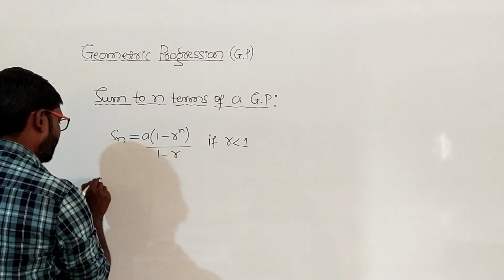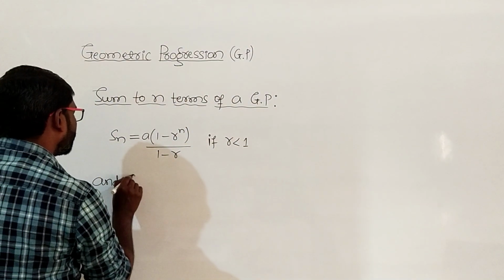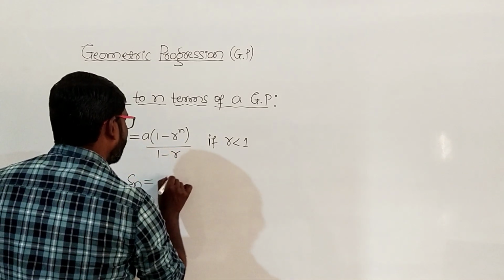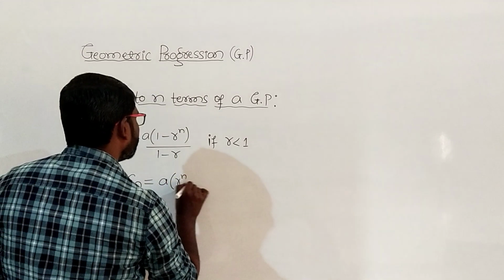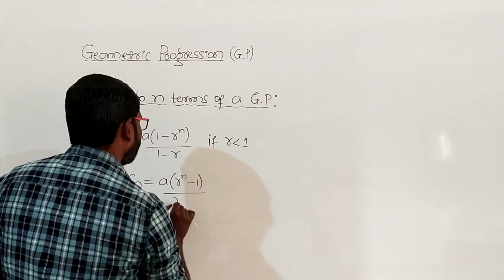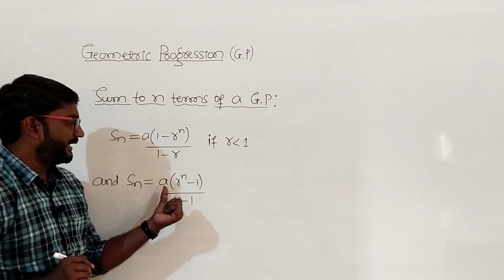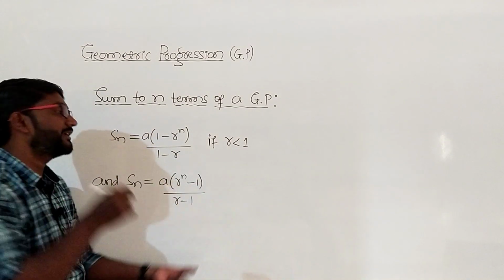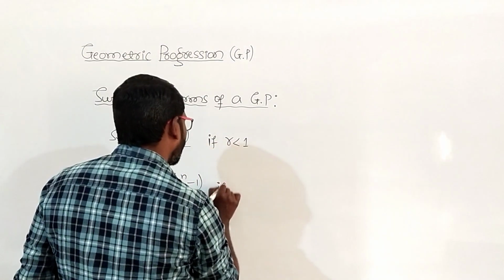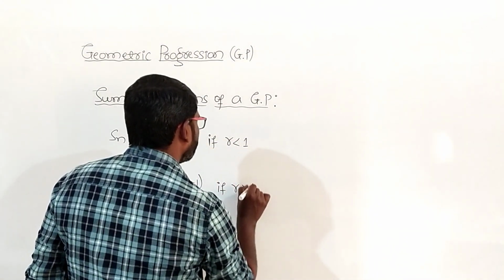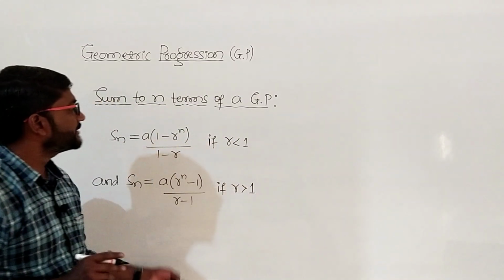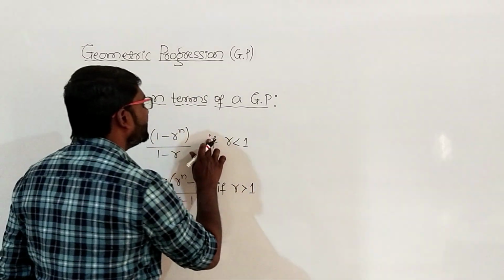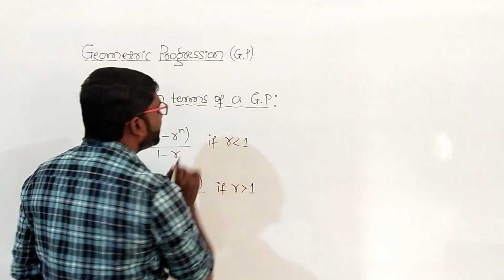The other formula is Sn equals A into R raised to n minus 1, divided by R minus 1, if R is greater than 1. This is the sum of the first n terms of a finite GP.